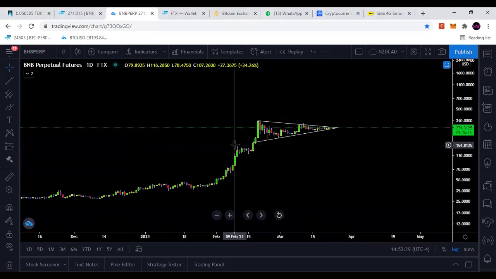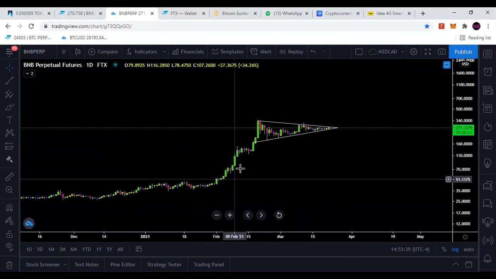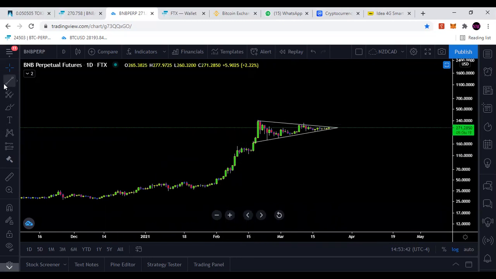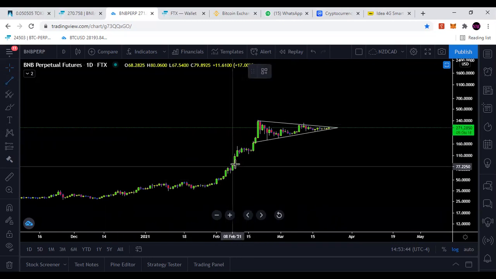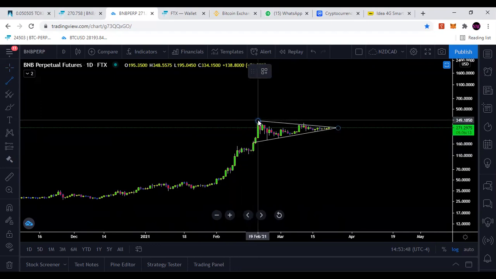Forget about what you're seeing here. What you need to see when the pole is forming is an upward movement. It doesn't matter if it paused here, went up, paused a little bit, and continued going up. What you want to see is that upward movement.